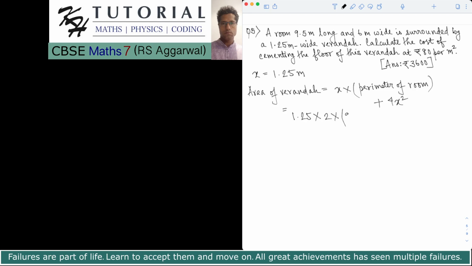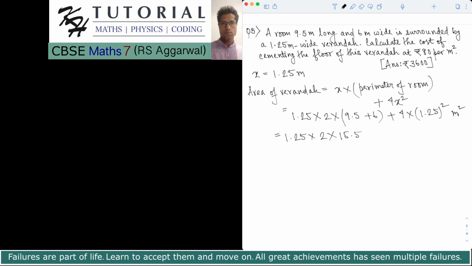Length is 9.5 and breadth is 6, plus we have 4 multiplied by x square, that is 1.25 square, this much meter square.